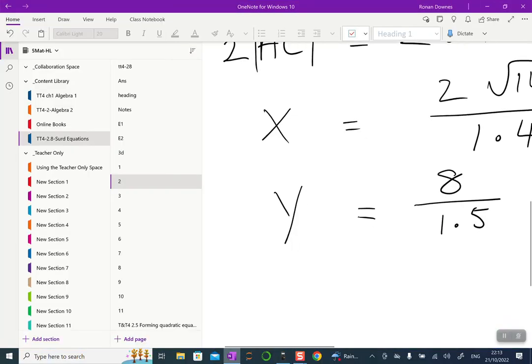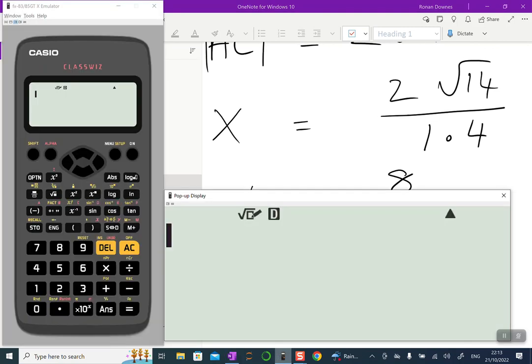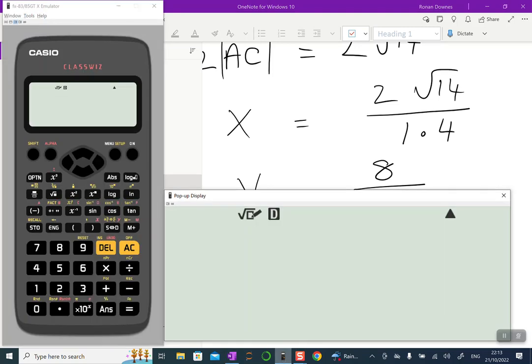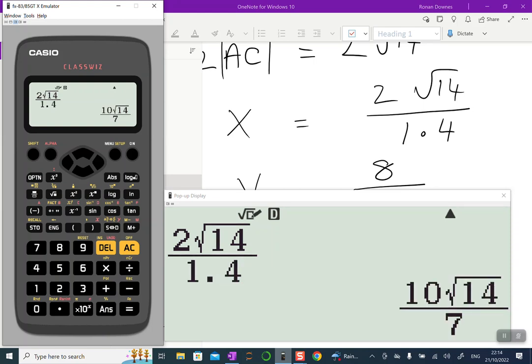Okay, so here we go. So I have 2 root 14 over 1.4. Okay, and that's that.